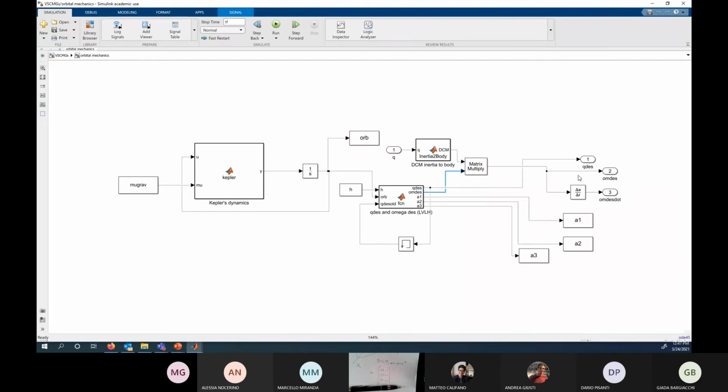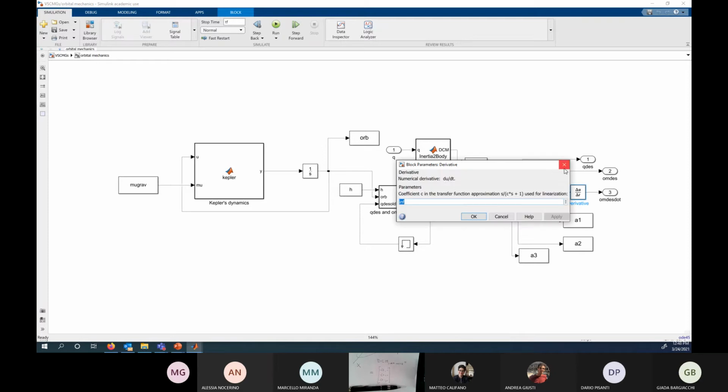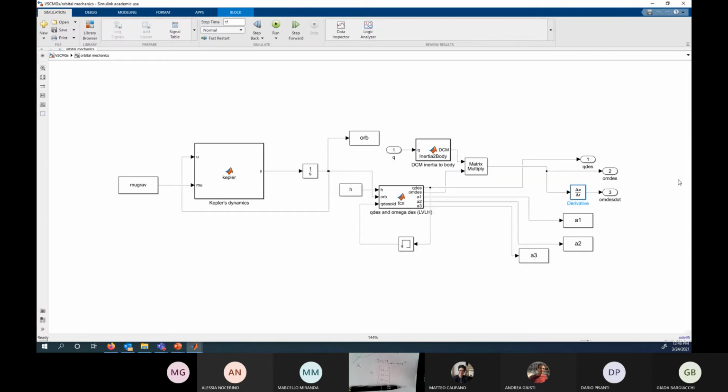And then, as we will see, for the control law that we'll use, we also need the time derivative, the omega desired dot. So I have a derivative block in here, nothing more than that. I'll caution you, the use of numerical derivation in software is usually a terrible thing to do. It's kind of a big no-no, unless it is a signal that you know is not noisy and you can control. And in this case, that's what we have.